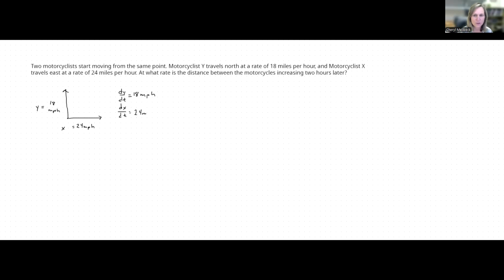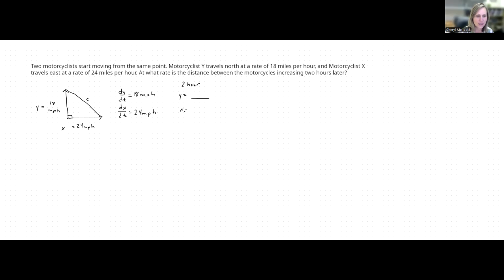So this is what we want you to do. We want you to set these up. They are increasing at a right angle, and we want to find the distance between the two. So if we call the distance d, I'm going to call it c because, again, we have a Pythagorean relationship. We also know they've been traveling for 2 hours. So if they've been going for 2 hours at 18 miles per hour, you can find how far y has gone, and you can find how far x has gone.